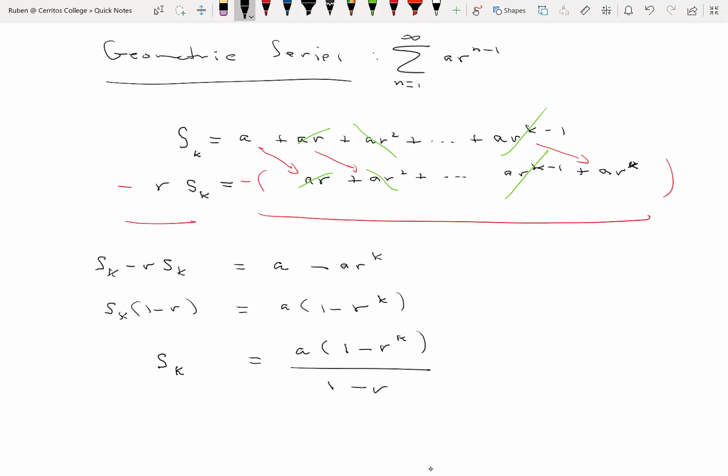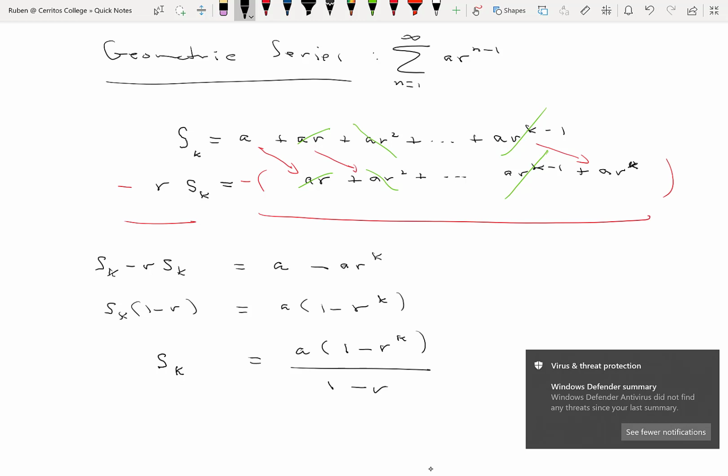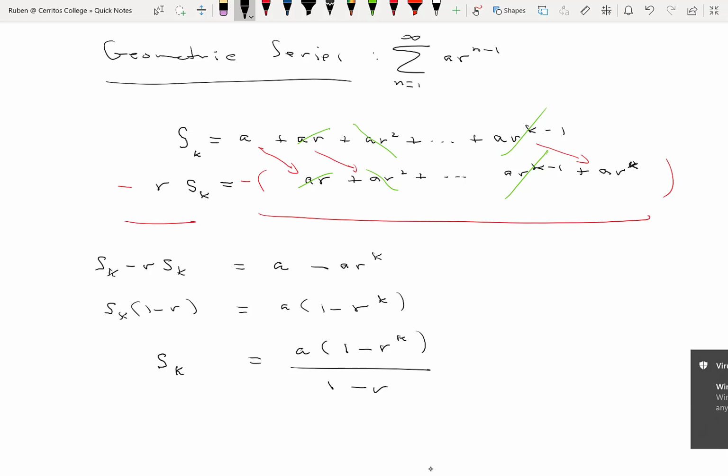Okay, so we don't need the sum of the first k orders of pizza. We need the sum of all the pizza. So let's do that. That means we need to take the limit of both sides as k goes to infinity.